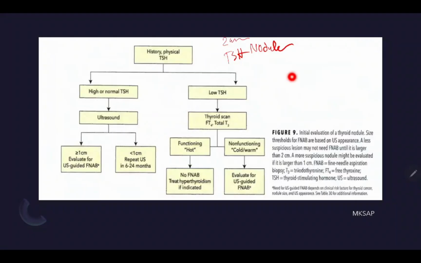So I'm gonna order an ultrasound, because that's a case where I'm afraid of cancer in the thyroid, because most of the time cancer is cold, okay, it doesn't secrete hormones. If the ultrasound shows me a mass more than 1 centimeter, then I want to do a biopsy here, which is fine needle aspiration, not an invasive biopsy, but just an aspiration, because I want to know if it's cancer or not.